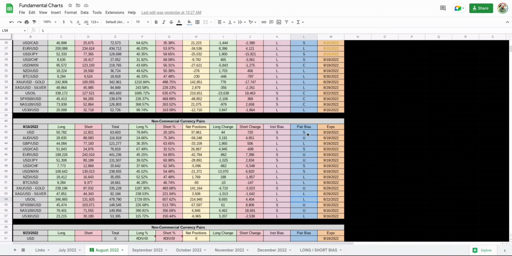This is based off of how many long versus short positions were reported, and this is what I use as a currency pair bias as far as if the pair should go up, go down, or is undecided. So whenever you hear me refer to the currency pair bias, this is the data that I am referring to.